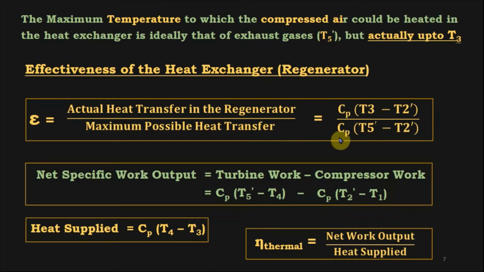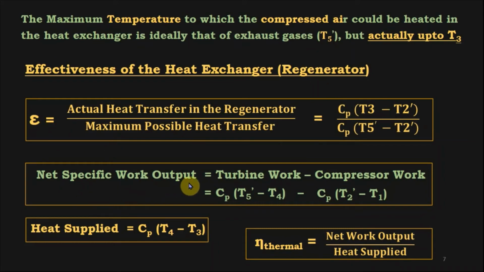So if the complete extraction of heat is possible in the regenerator, then the exhaust gas temperature at inlet T5 dash will be made equal to the temperature of compressed air coming out of the regenerator T3. For solving numerical problems, we have to remember this equation to represent the effectiveness of the regenerator.